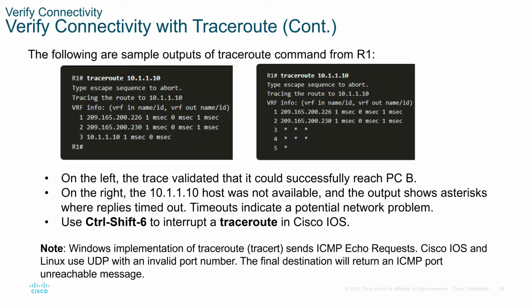Cisco IOS and Linux use UDP with an invalid port number. The final destination will return an ICMP port unreachable message, which will still give us the equivalent of the tracert command.